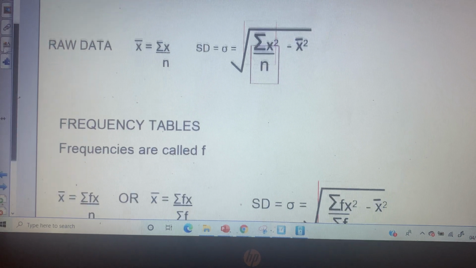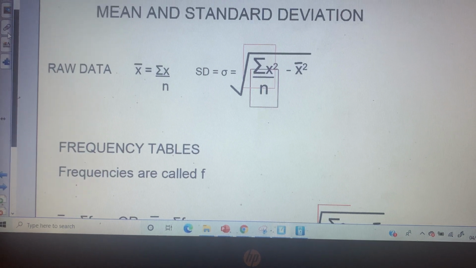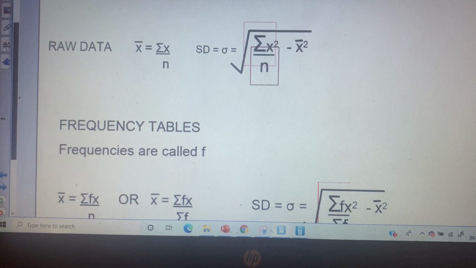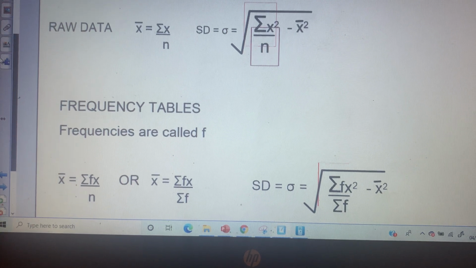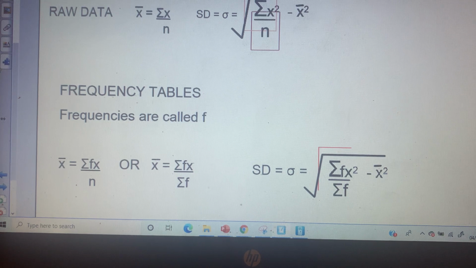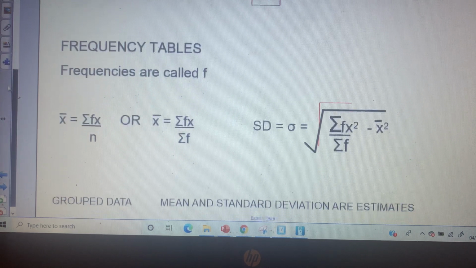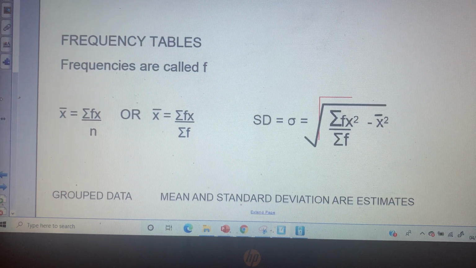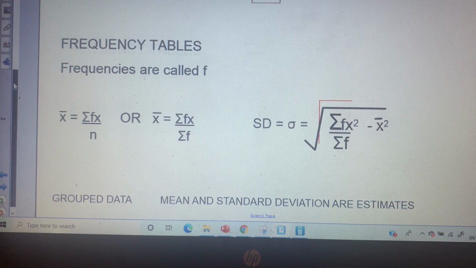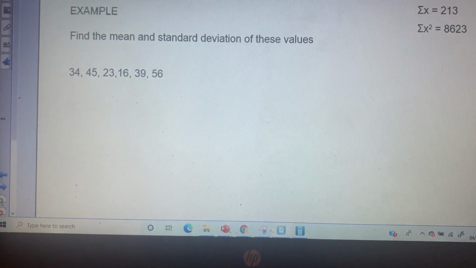Right, okay, I've just repeated it here. It's just for some reason, it's now put red boxes around when I've used sigma. It's a bit unfortunate. However, we tend to use our calculator, all right?